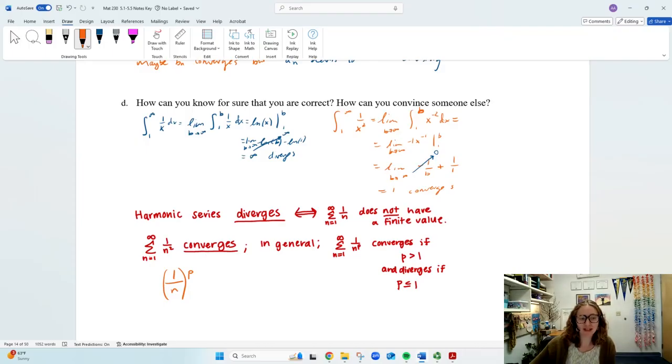But my summation 1 over n squared converges, and in general it's always going to converge if that p value is something bigger than 1. So think about this example up here: my p-value was 2, and so that was going to converge.